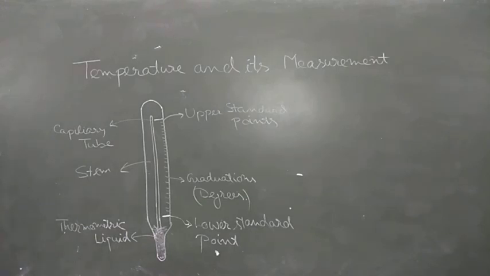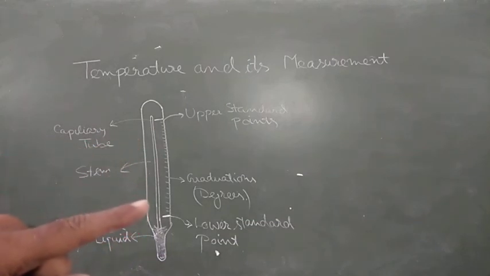Now, our next point of discussion is the upper standard point and lower standard point. As we discussed, this bulb is filled with thermometric liquid, generally mercury. This is your fine bore, known as the capillary tube.